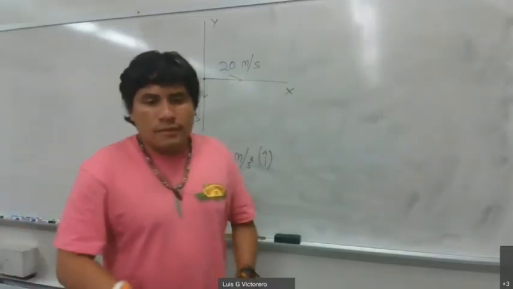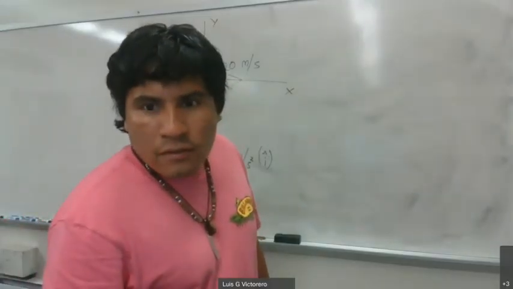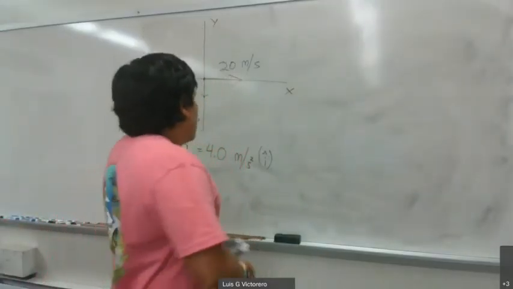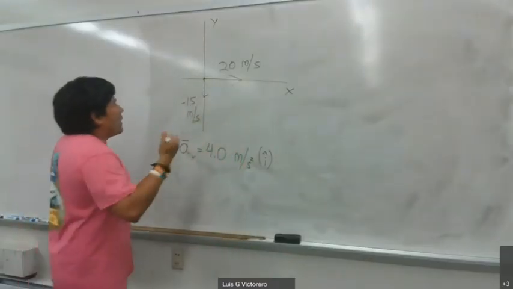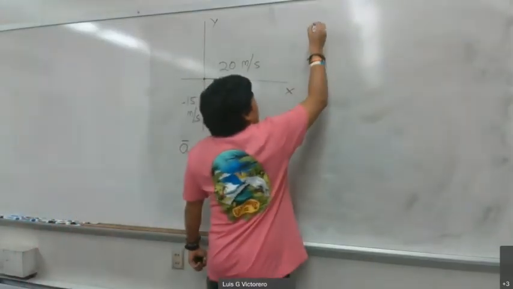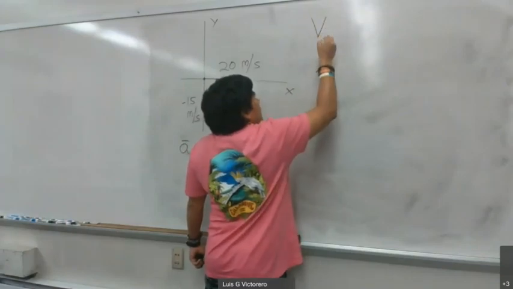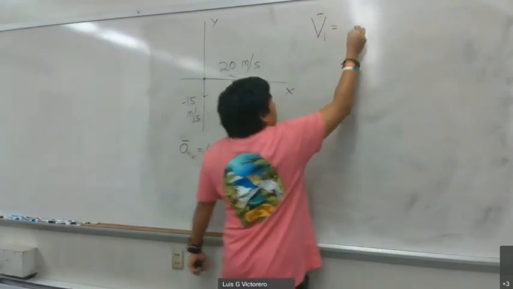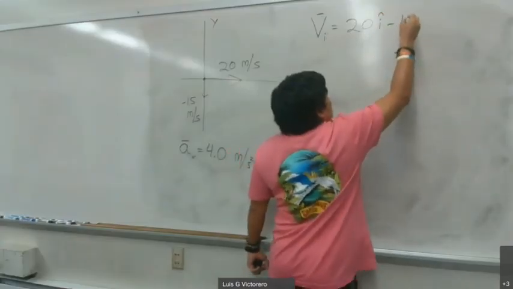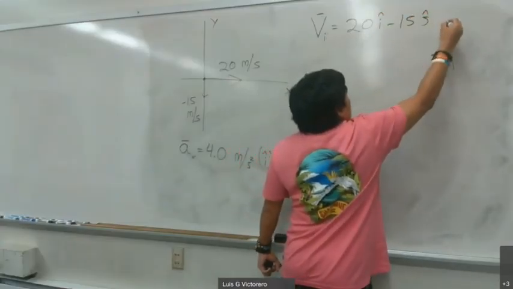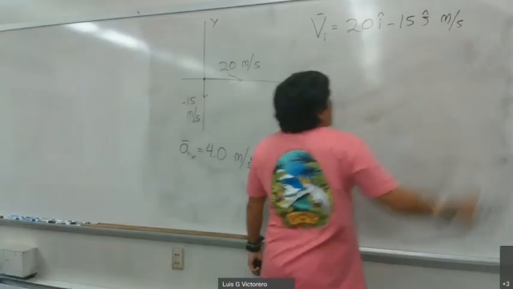Let's see, I want to see the suffix. All right. The initial velocity is 20i minus 15j meters per second.